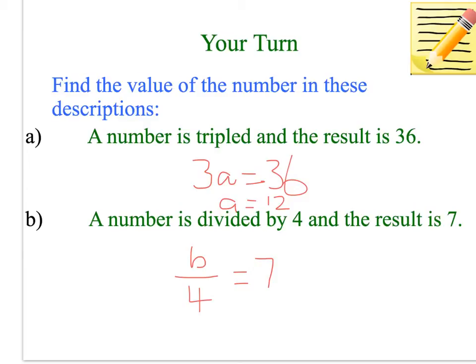So we can work backwards by working out what 7 times 4 is, and that will give us what B is. So what divided by 4 equals 7? 7 fours are 28. So 28 divided by 4 equals 7. 7 equals 7, yay! It's right! If you had that one, well done.